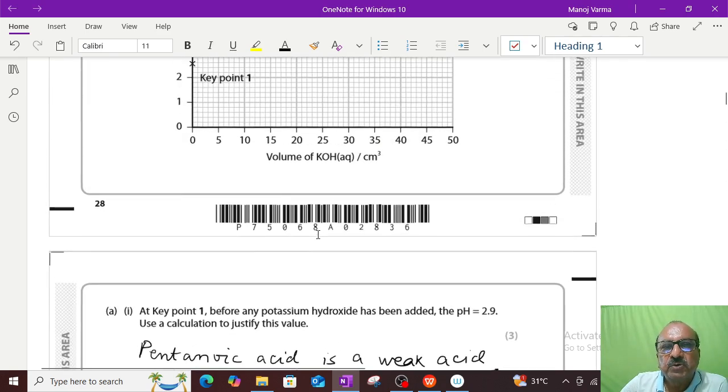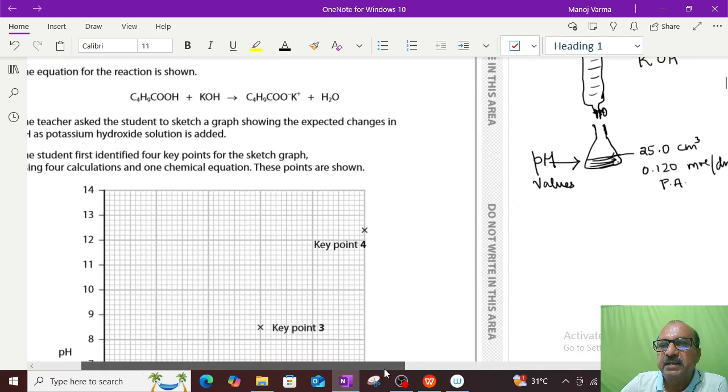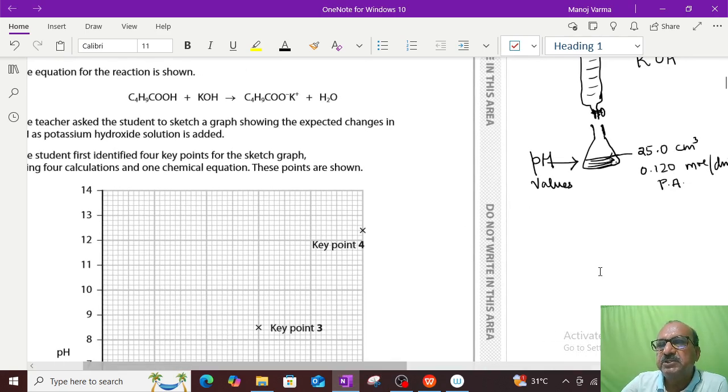Okay, so as you can see here in the picture, before any potassium hydroxide has been added, that means we have only the pentanoic acid in the conical flask.